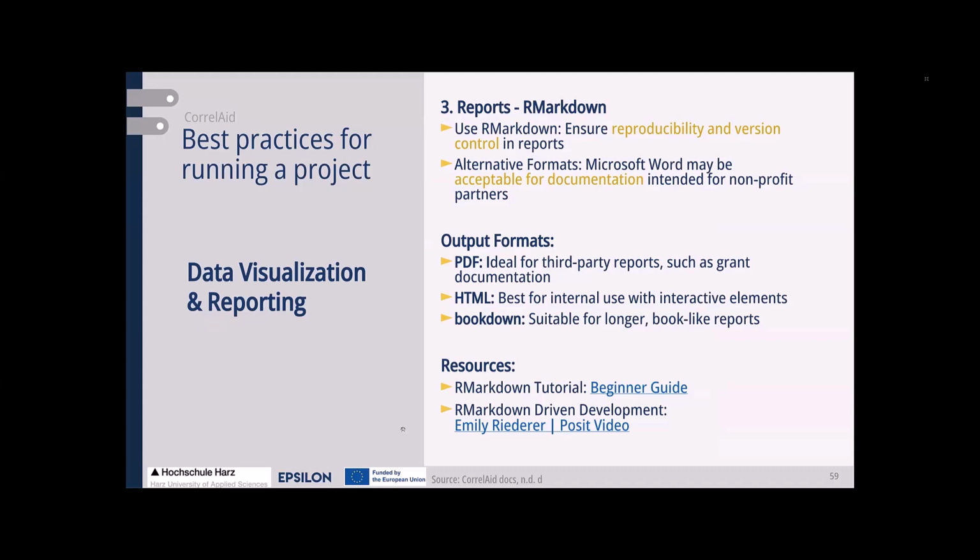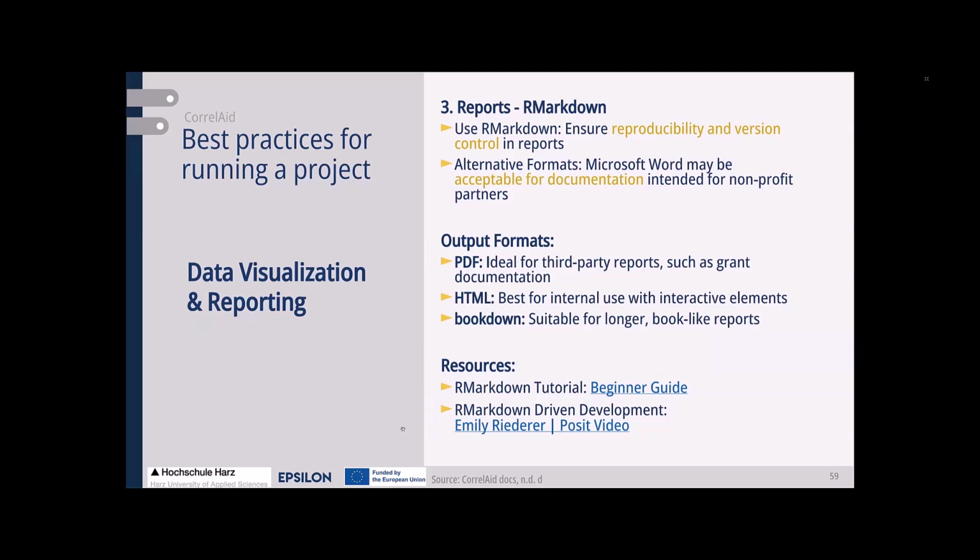Especially with R, you will have this issue that there are ongoing updates going on for R, and the software or the packages that you might use. And therefore, it might occur that after a while, some code will not run anymore because of updates. Therefore, you have to ensure reproducibility by version control.